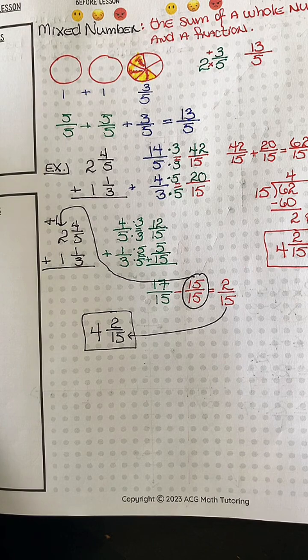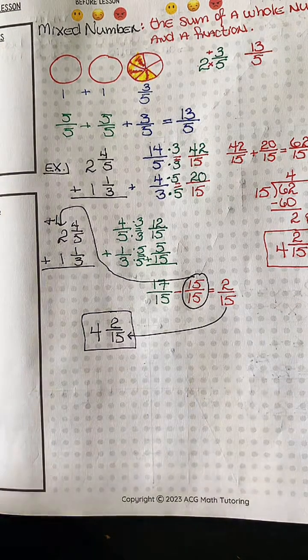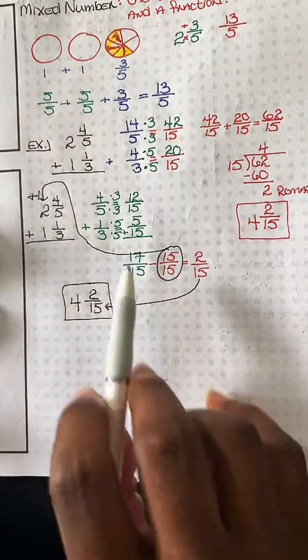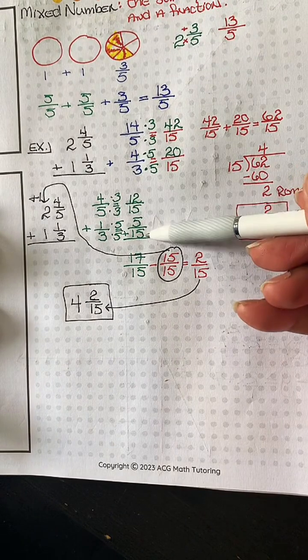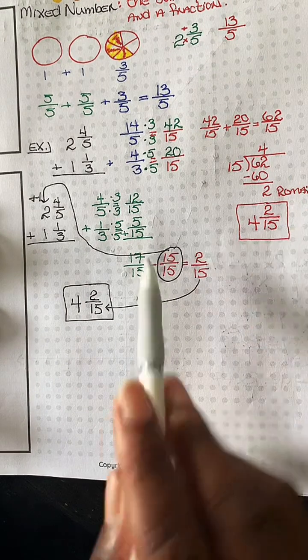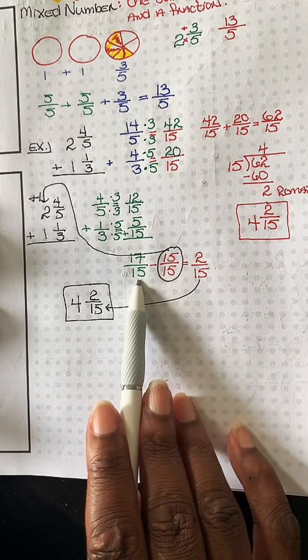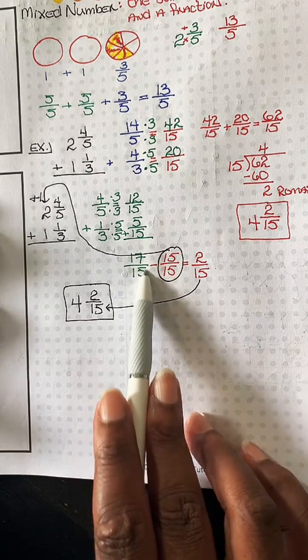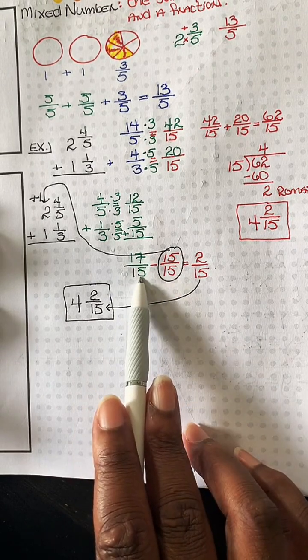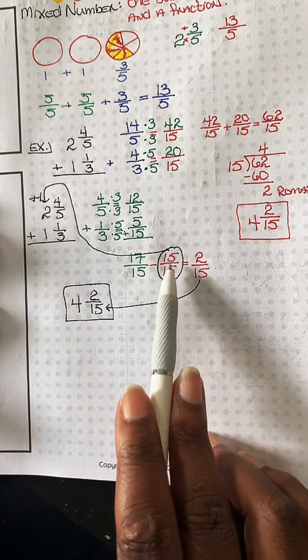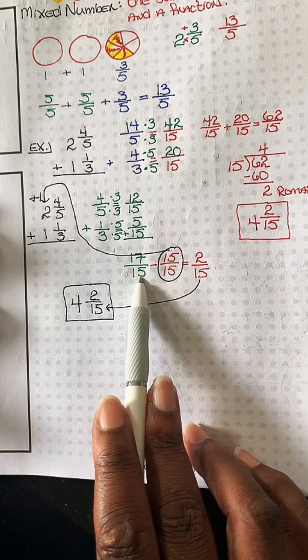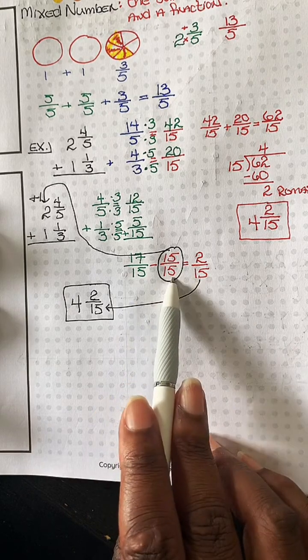Where did you get the 1 to make it 4? No problem. So when we did our addition, after we found our common denominator, we got that 17/15. But then within that 17/15, there's a whole number in there, 15 out of 15.